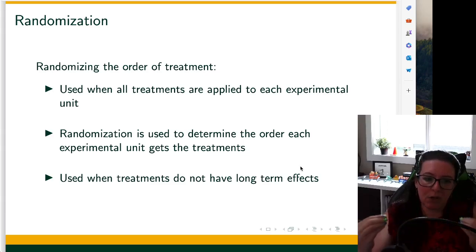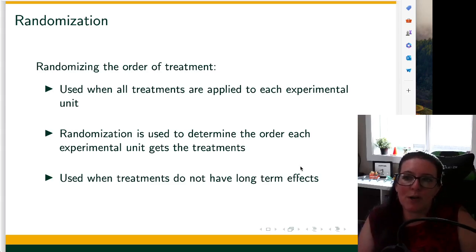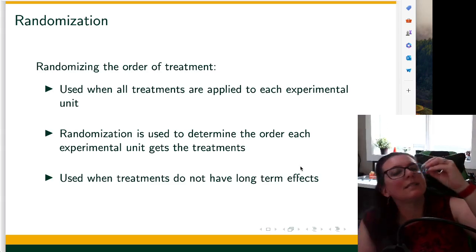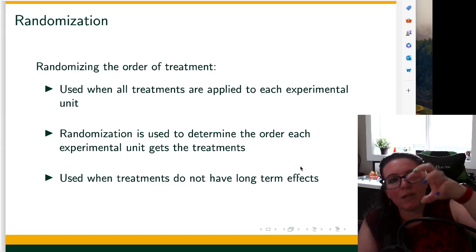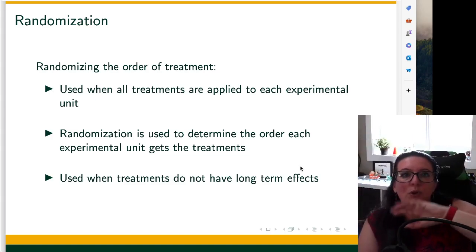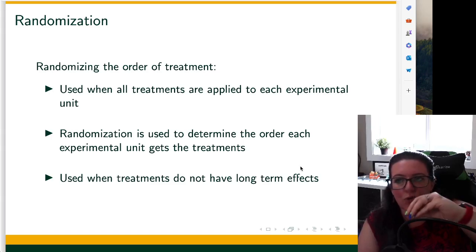And this particular type of design, again, you're only going to use if your treatment does not have long-term effects. Because in that case, let's say that we give you a treatment, we measure it for a period of time, 6 months, and then for the next 6 months, we give you placebo, control, no treatment.